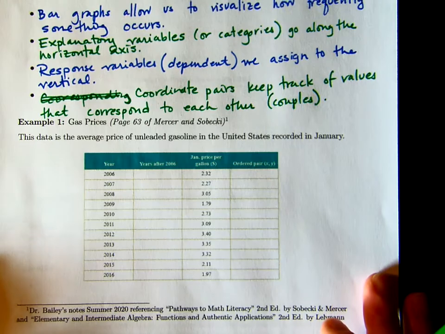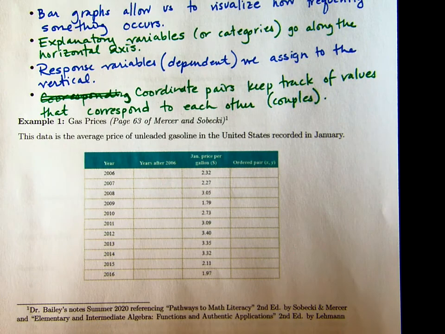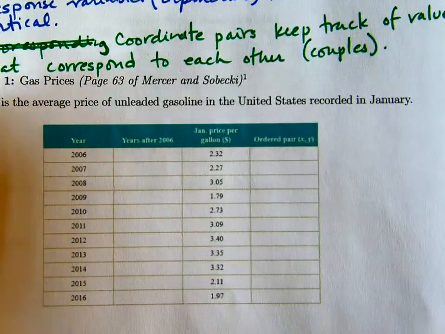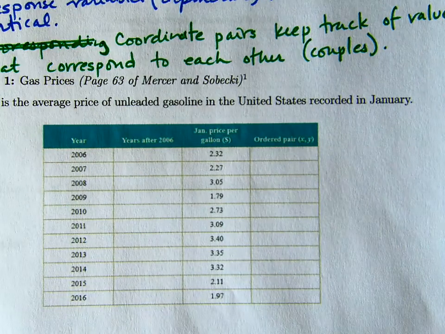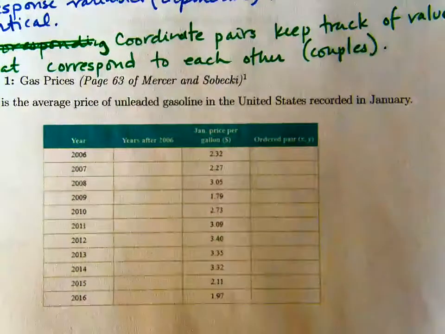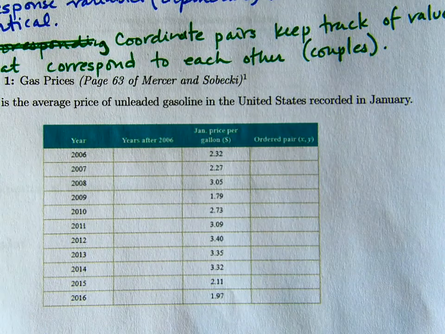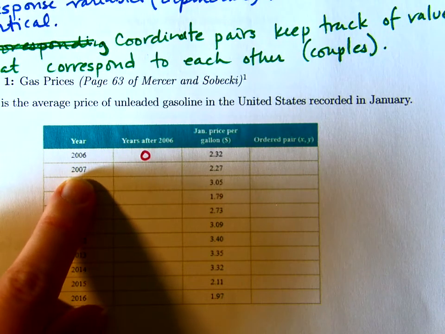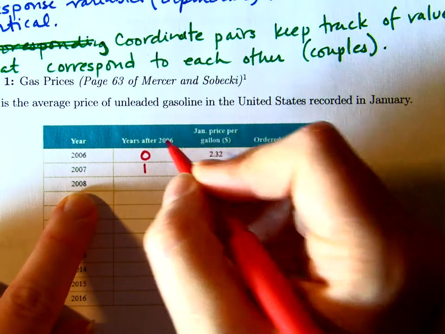All right. From page 63 of your textbook, they have this chart, and immediately I want to fill it in. I'm going to zoom in just to make it a little bit larger. Here it says how many years after 2006 is this? Well, this is 0 years after 2006. This is 1 year, 2 years.